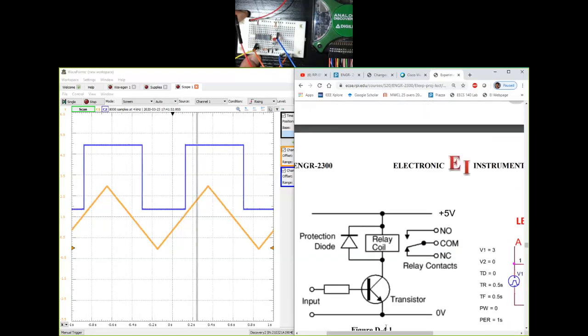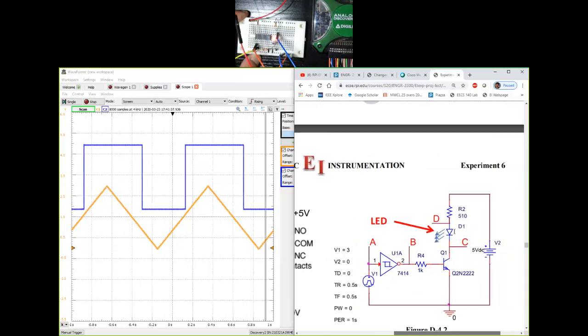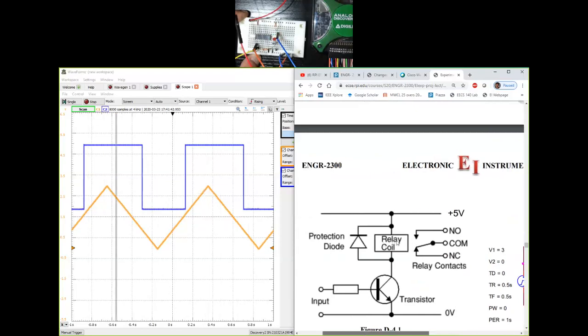But the idea is, if you replace this LED on the right with a mechanical relay, and to protect the relay you put a diode in parallel with it. The mechanical relay works on the principle of an electromagnet. So when current passes through a relay coil, it becomes a magnet and is able to attract a metal plate that is nearby. So if you do that switching at a very fast rate, then you will hear a clicking sound.